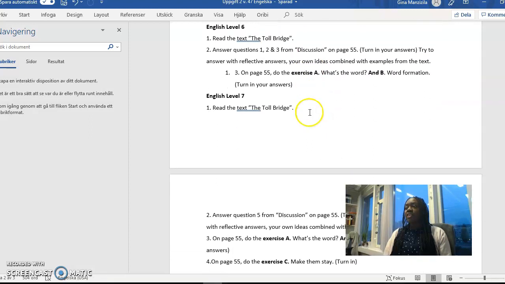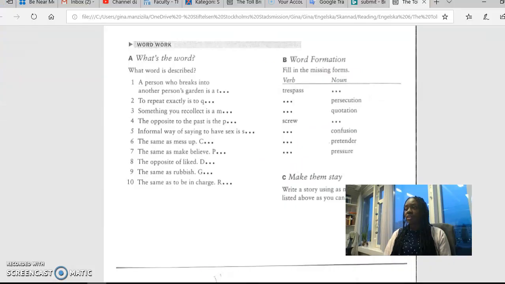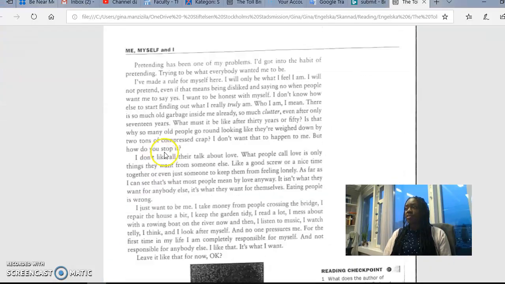So if you are in English level 6, the first thing you need to do is to read a text, and then the second thing you need to do is to answer questions 1, 2, and 3 from discussion on page 55. So let's see.